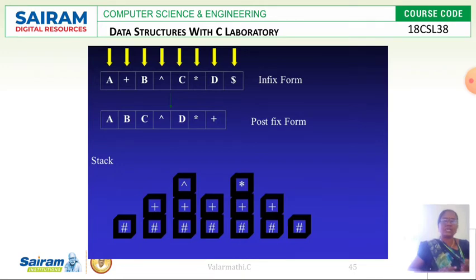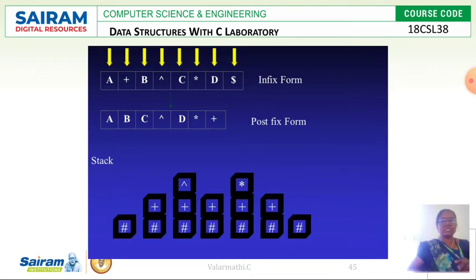Then which one is the next character? Star, that means multiplication. When the multiplication comes, it should be pushed onto the operator stack. When we are going to store it, we should compare the star with the previous stack operator. Which is the previous stack operator? Power. When we compare the precedence values of power with star, power has more priority, which means the star has lesser priority.